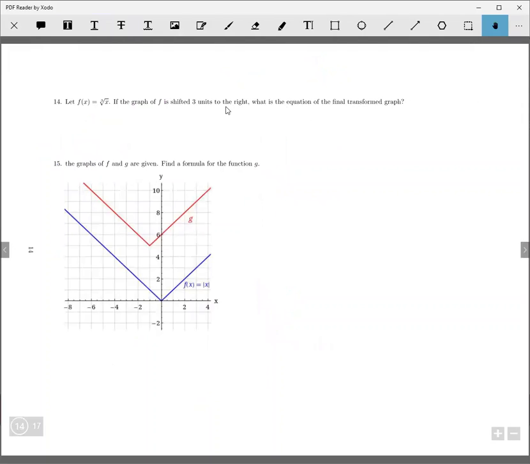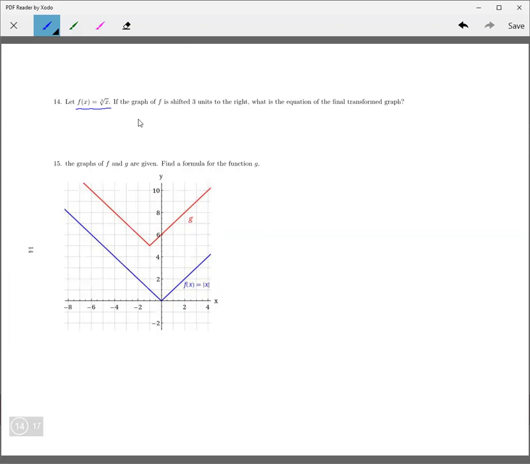Number 14. We have this original function, y equals the cube root of x. If the graph is shifted 3 units to the right, what is the final transformed graph?